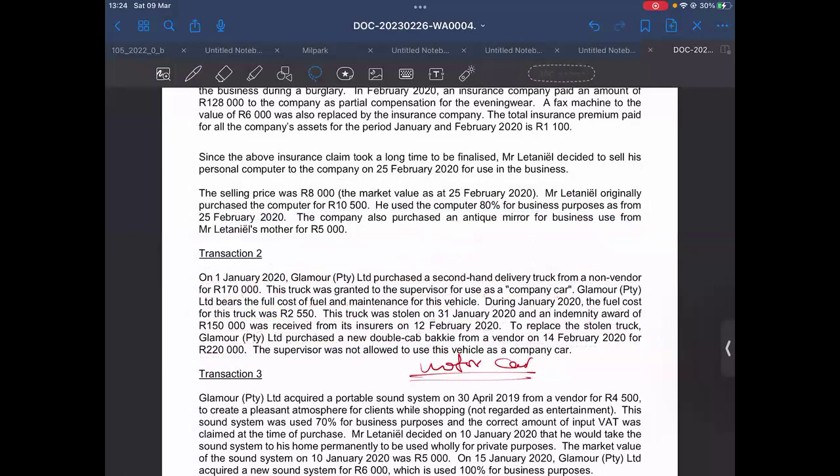We are going to calculate output VAT. At how much do we calculate our VAT output? Or what is the value of our fringe benefit? Right, this one is pretty tricky and it carries a lot of marks, people. The first thing you need to do is to calculate the determined value.